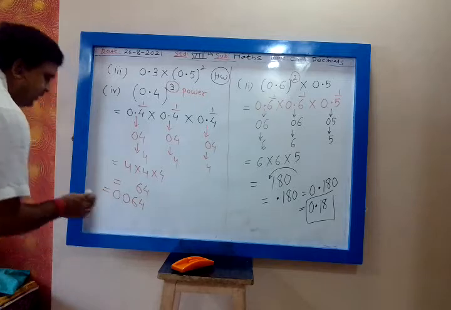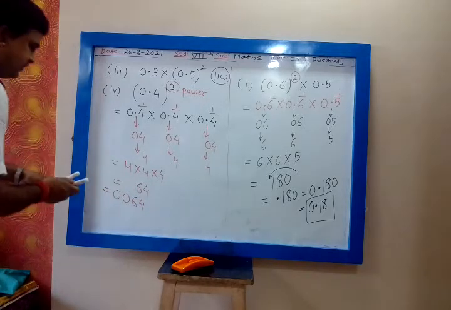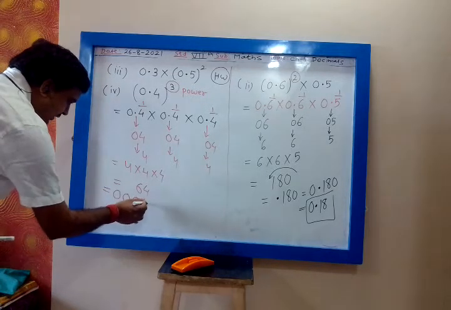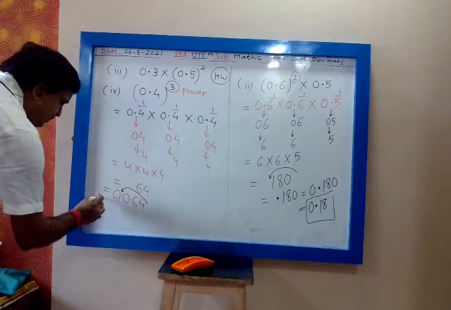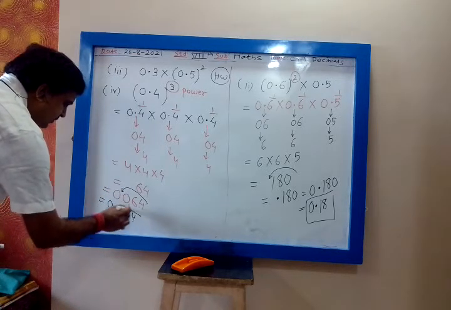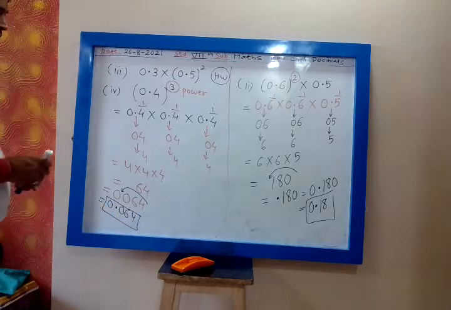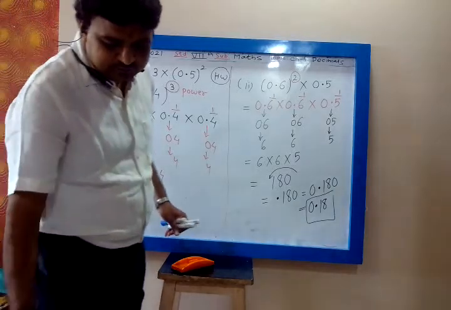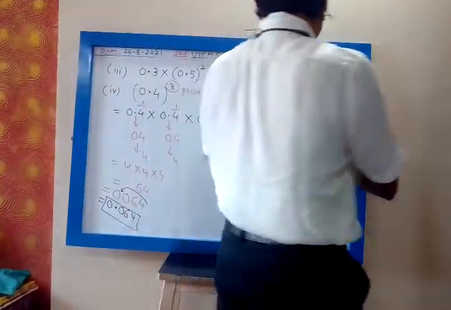Now place the decimal after 3 digits from the right: 1, 2, 3. The answer is 0.064. Yes? Same answer all of you got? 0.064. Okay.